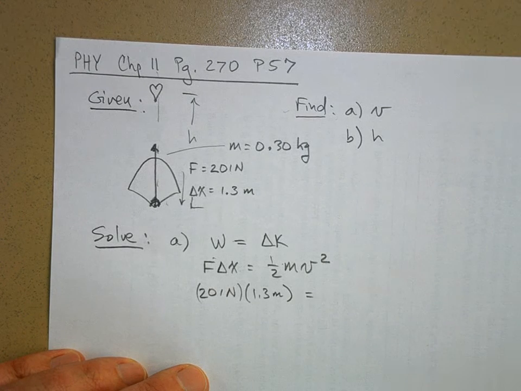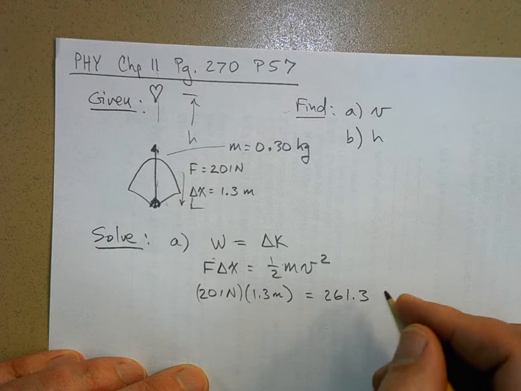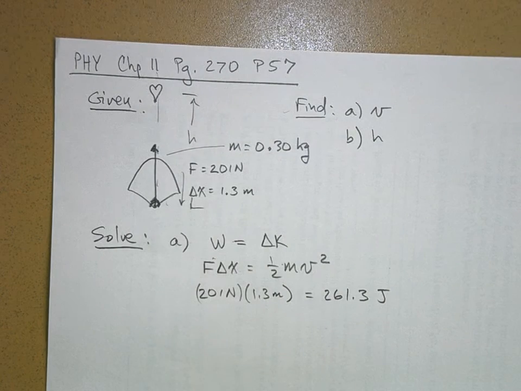So that's 261.3 joules of work. So when somebody pulled that bow back, they did 261.3 joules of work. And then when you fire it, the bow does work on the arrow and gives all that energy to the arrow.